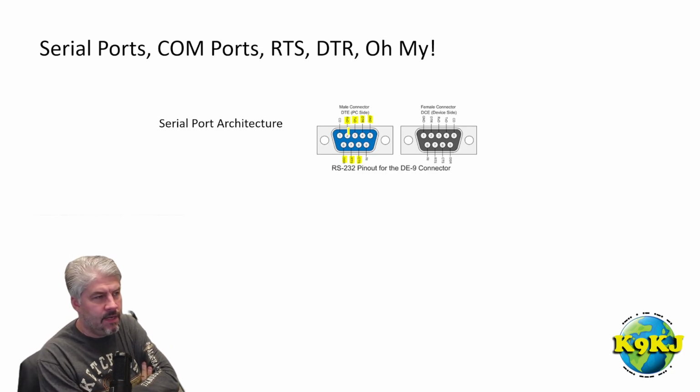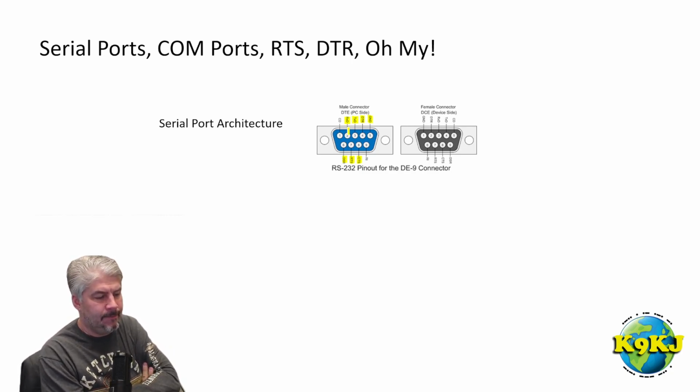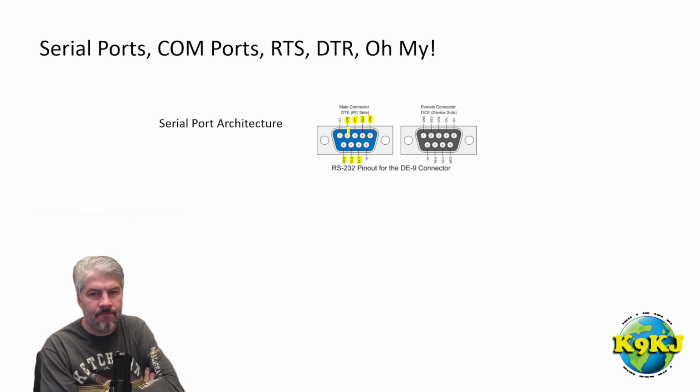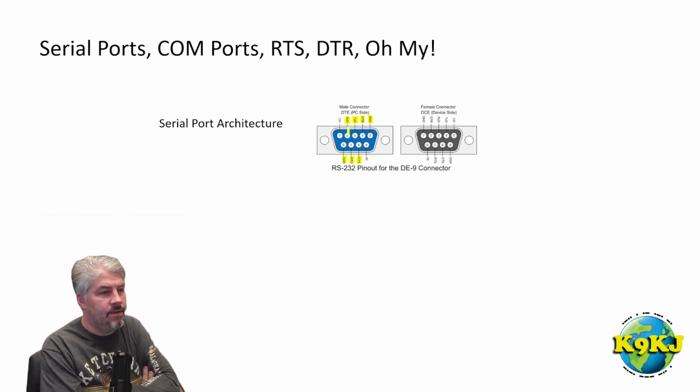But as time went on, the CTS and RTS lines really started to become unnecessary because the speed of computers were so fast, and quite frankly, the serial port architecture was so slow compared to the speed of computers that it really wasn't necessary.